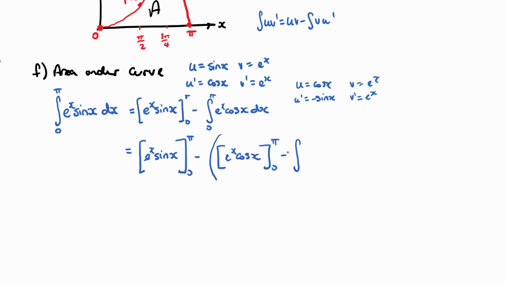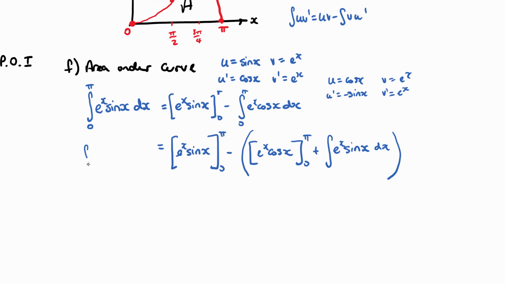So this will actually turn to plus, with minus minus, plus e to the x sine x dx. And let's close our big integral. So this is what the integral from pi to 0 of e to the x sine x dx is.